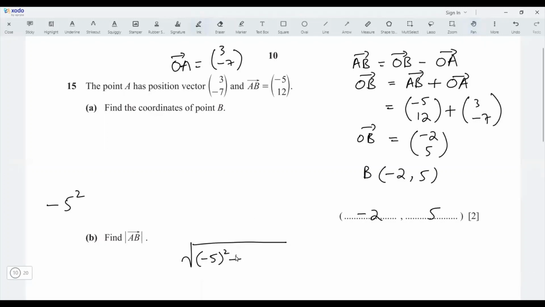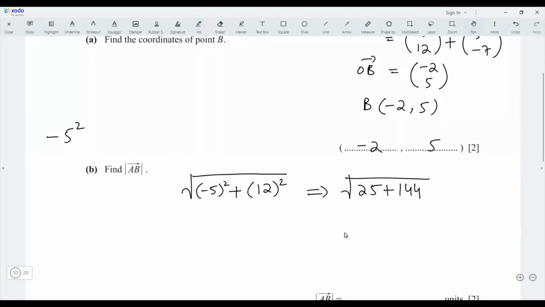And we have to add the y values. What are the y values? Y in this case is 12, 12 squared. So negative 5 squared is 25, and similarly 12 squared is 144. If we add both of them, it results in the square root of 169, and you have to remember the first 15 squares and square roots mentally.